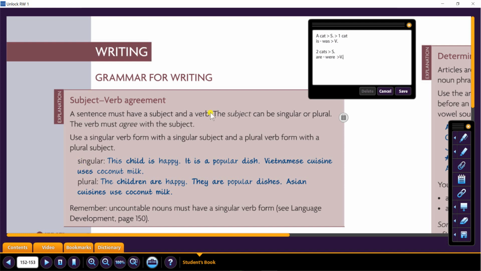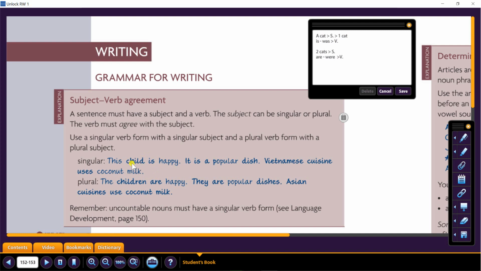Not only, but just to help you deal with such tasks, let us read these examples. This child, and remember, child is singular. This child is.